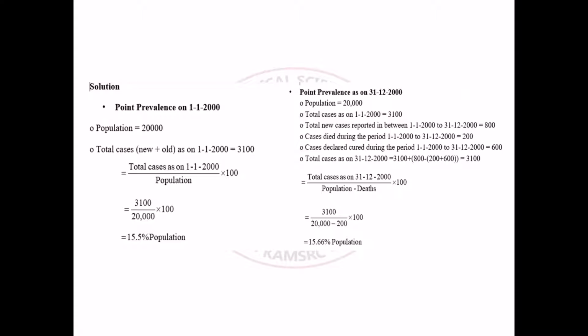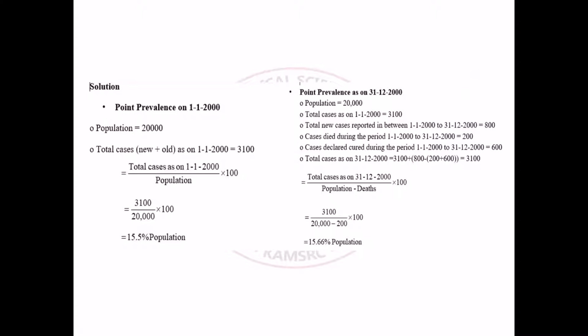So total cases as on 31/12 will be 3,100 plus 800 minus 600 plus 200. That is, there is nullification: 800 minus 800, 0. So total cases as on 31/12 is 3,100.